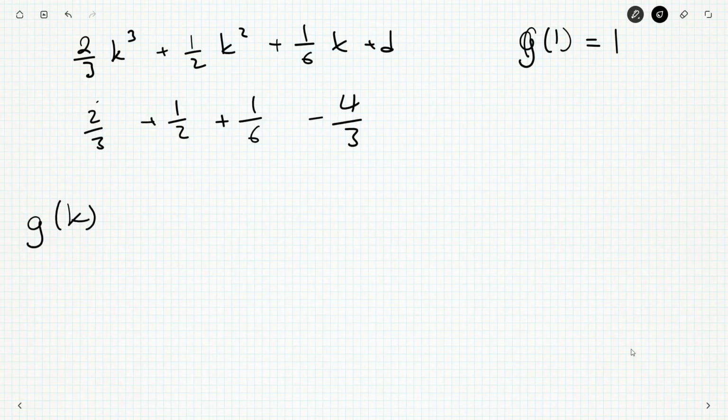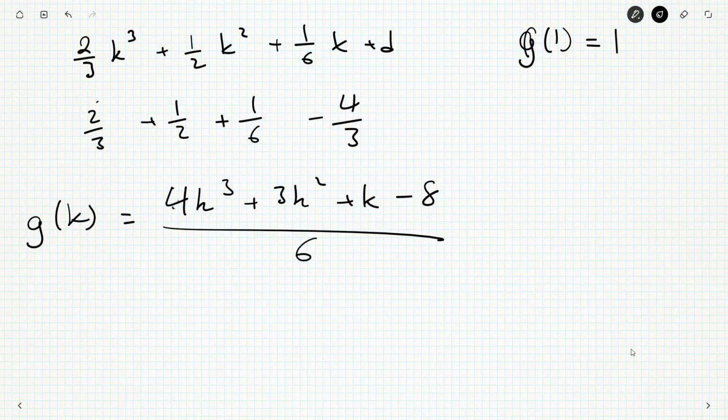So that tells me g of k is, put everything over 6, so that'll be 4 times k cubed plus 3k squared plus k minus 8. Yikes. Okay. Is there anything I can do there?